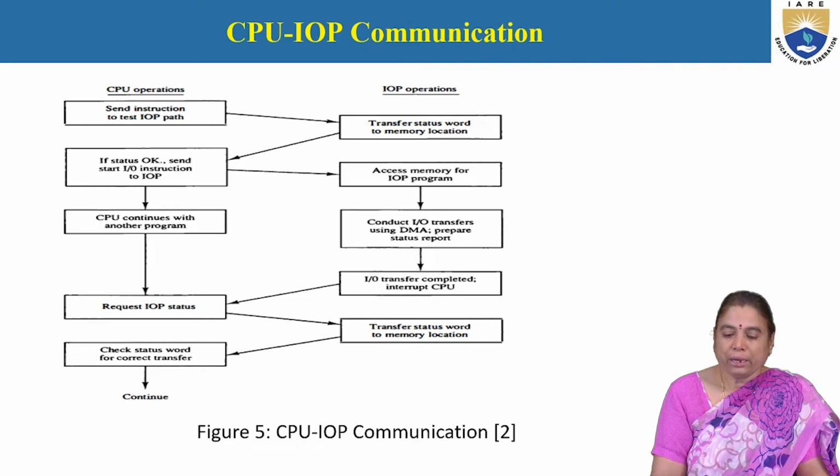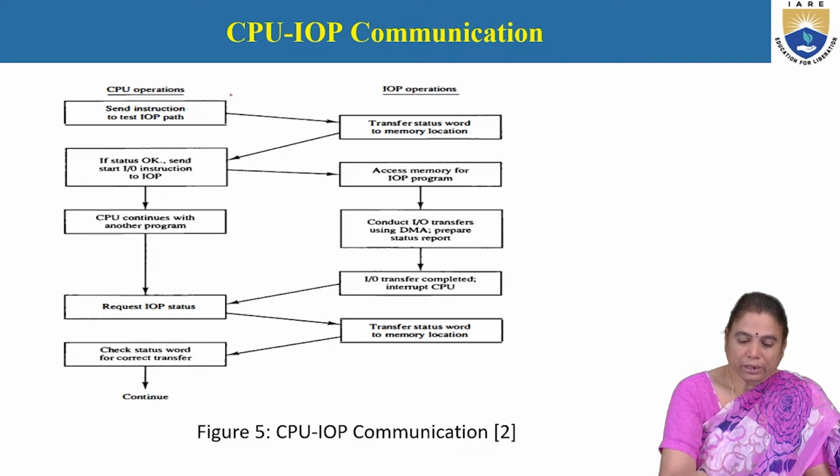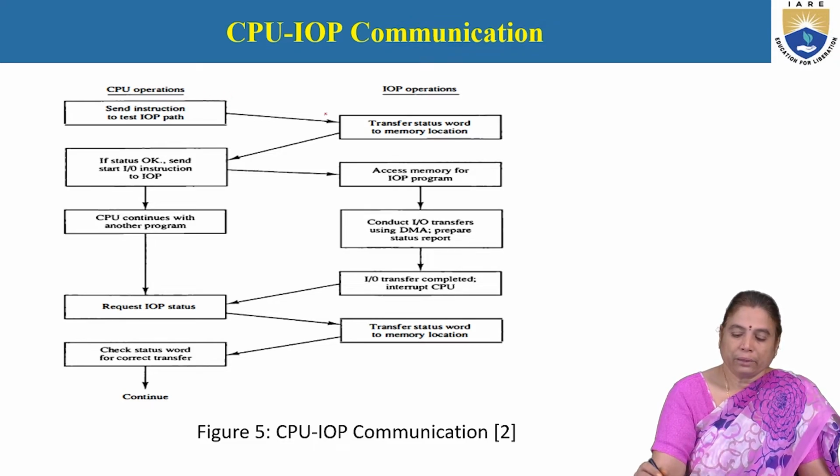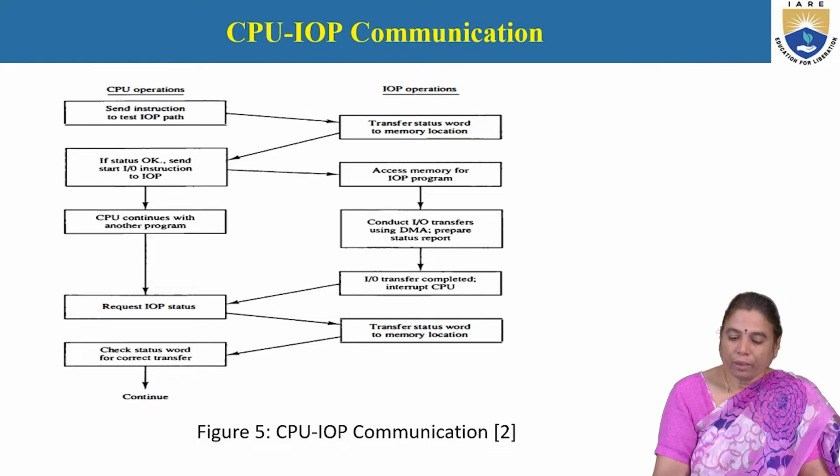How can the communication between CPU and IOP take place? First, the CPU sends an instruction to test the IOP path, whether the path is available or not. Then the IOP transfers the status word to a memory location.